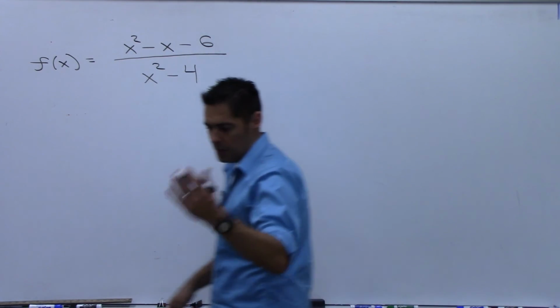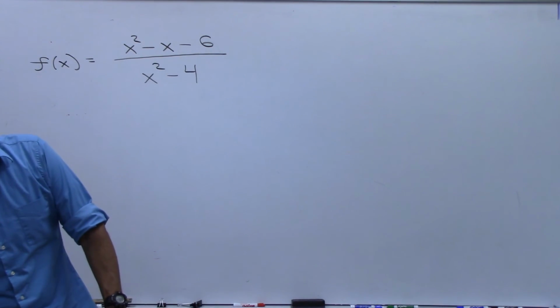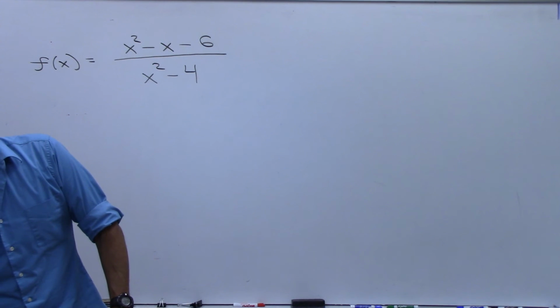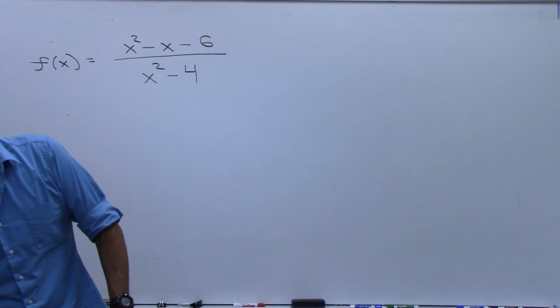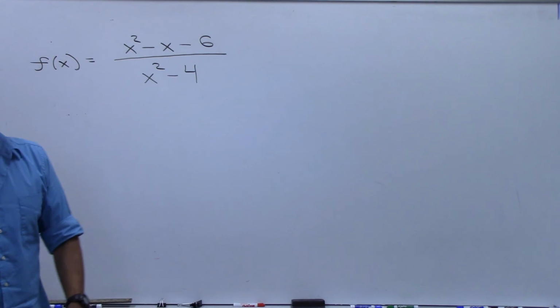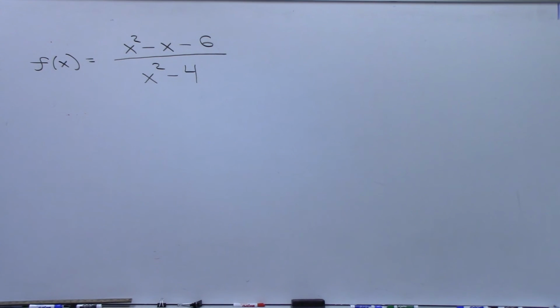All right, so I'm going to refer to the steps now. Let me blow this up so you can see this. First step, make sure it's a rational function. So is this a rational function? Yes. Completely factor the numerator and denominator. That's the next step, because that helps us later, right?